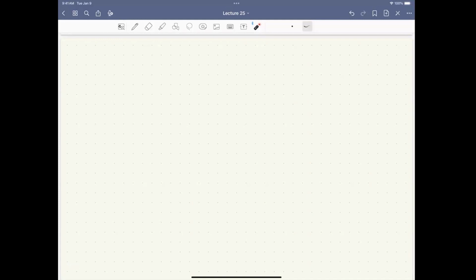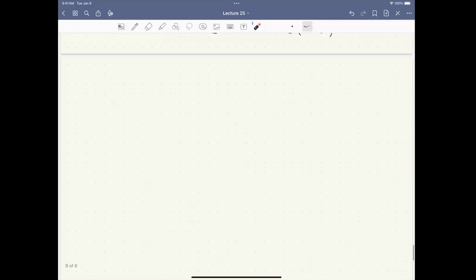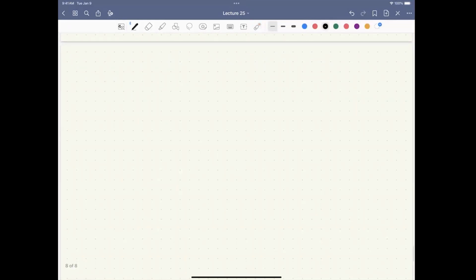Now let's prove the removal lemma. Let's first see the idea for proving the removal lemma. The idea is simple.